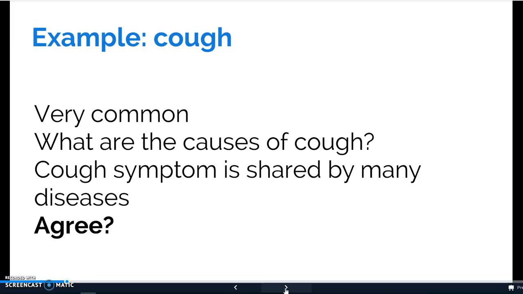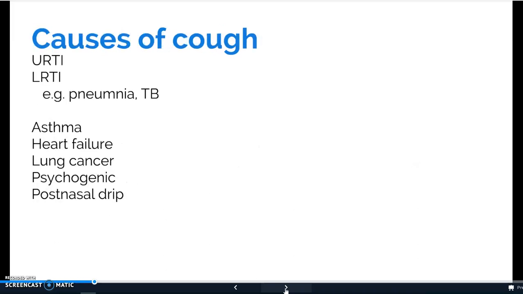Do you agree? Okay. Give me an example of diseases that can present with cough. Okay. These are among the causes of cough.